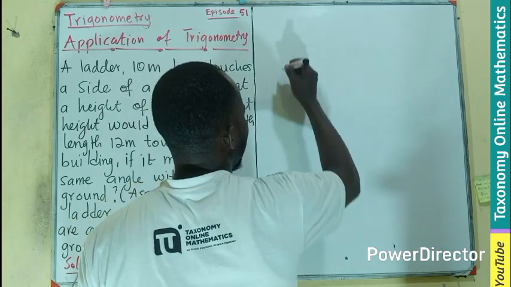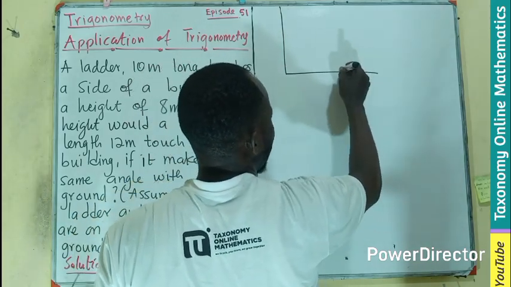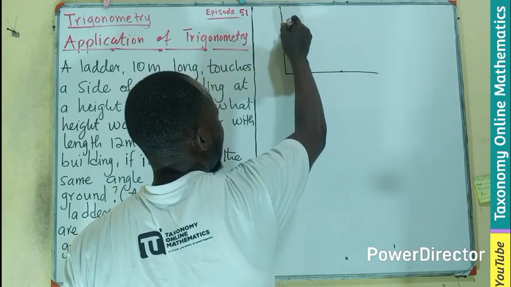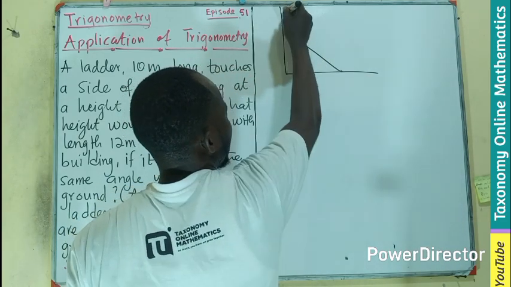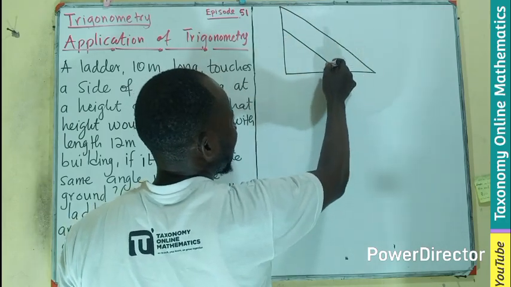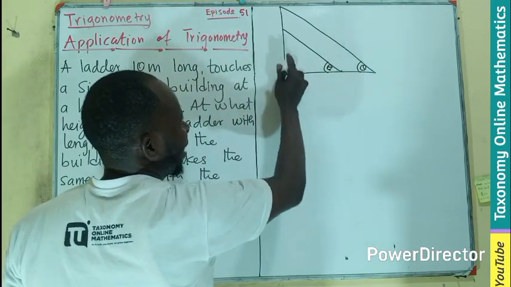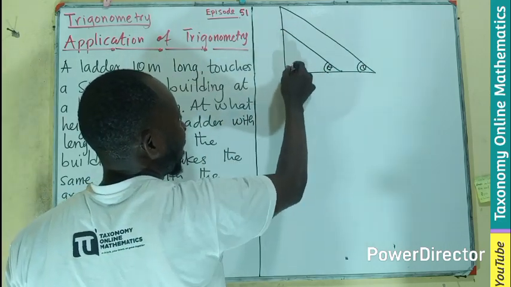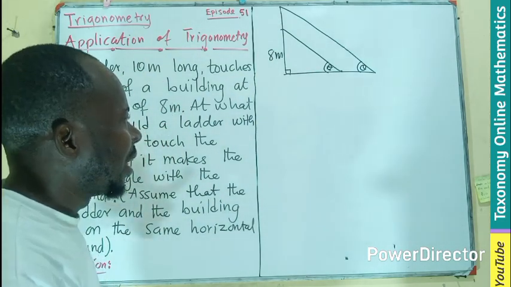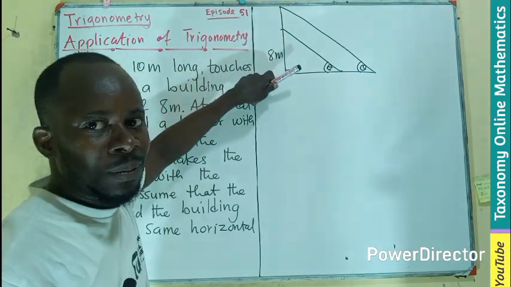I can see that if I have the building and I have the ground, this could be one option, where this is the angle that they are forming. Then from here to here is going to be the 8 meters for the shorter ladder, the height at which it touches the building.